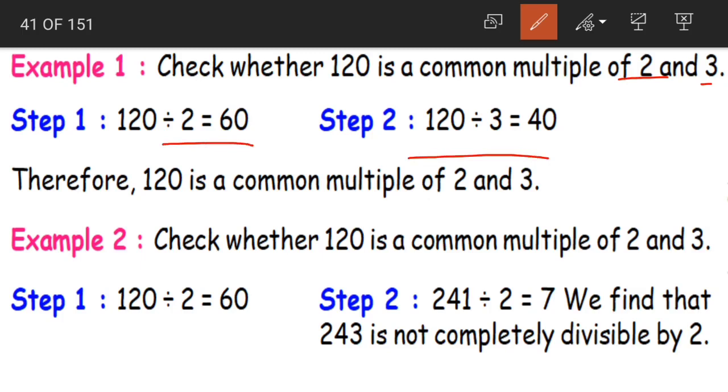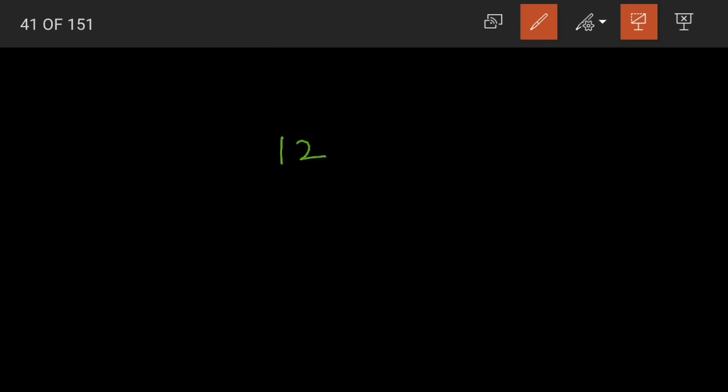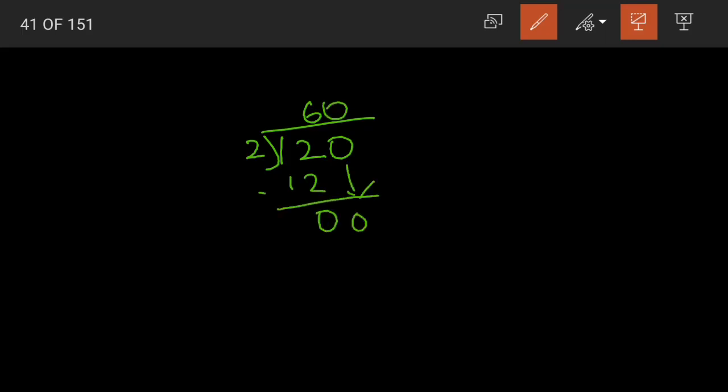Now suppose you get a question where you have to solve and show the working. Step 1 would be to divide 120 by 2. 2 sixes are 12. When we subtract, 0 is remaining. 0 brought down. 2 zeros are 0.